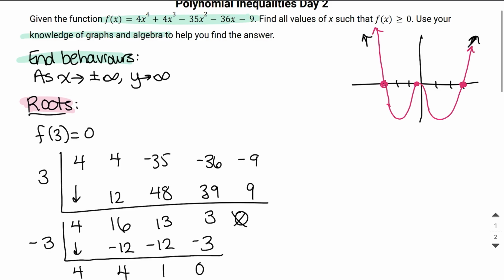Well, if I'm looking for values where f of x is greater than or equal to 0, that means that we're looking for where it's going to be above the x-axis. So looking at this right here, that means that everything all the way until I get to this root will work.